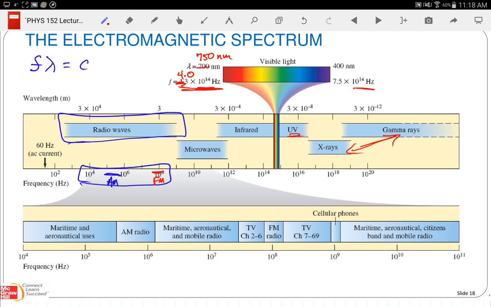Gamma rays come from the nucleus of atoms. So in the nucleus of atoms, I have protons and neutrons. And those protons and neutrons, you can think of them kind of like stacked blocks. And sometimes the blocks aren't stacked efficiently and they can fall down to a lower level. And when they do that, the blocks give off sound. We hear them falling.